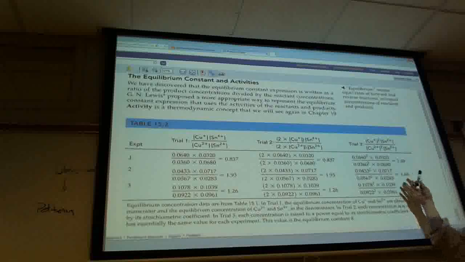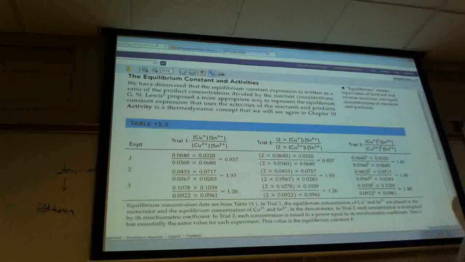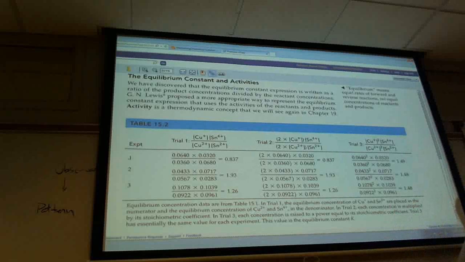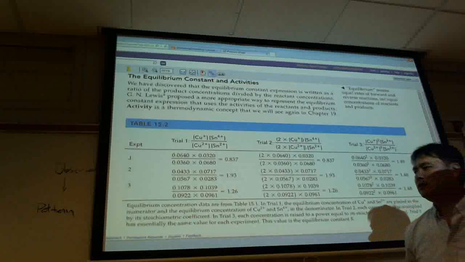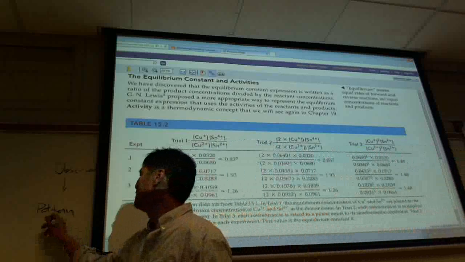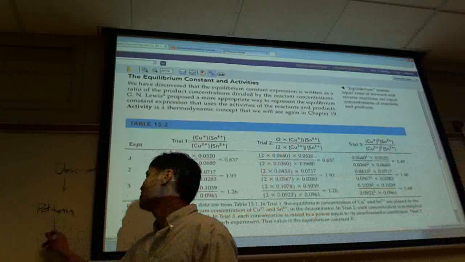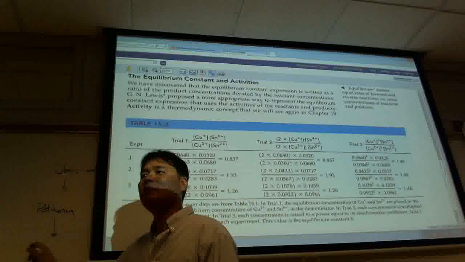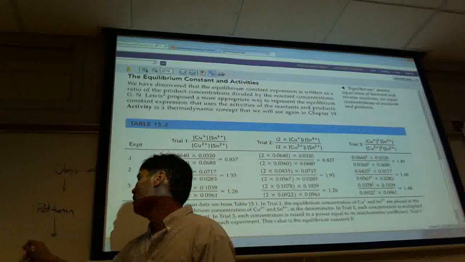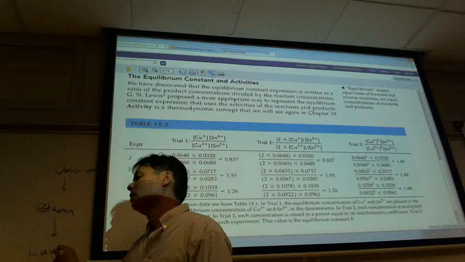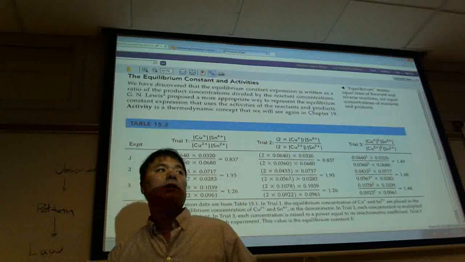Now, if you get a pattern like this, then what do you want to do with it? You want to make sure it works, right? And after you try it on a whole bunch of different things, and you make sure it works for a whole bunch of things, then we call it a law.